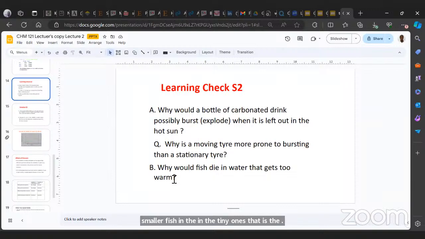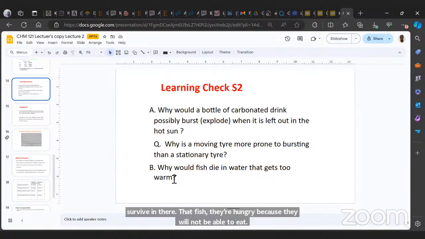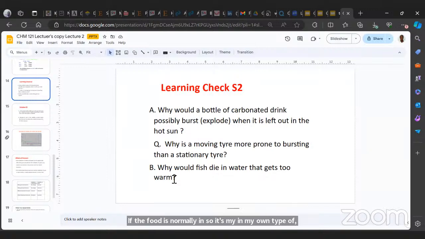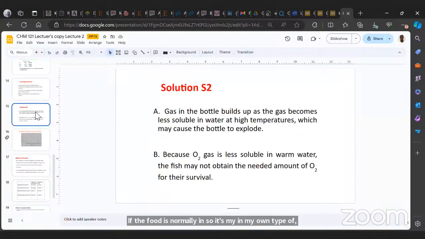Now, only the big fish that can survive is there. That fish, hunger will catch it because it will not be able to eat the food it normally eats. So it might even die of starvation. So global warming is a very big issue, and they are all intertwined.